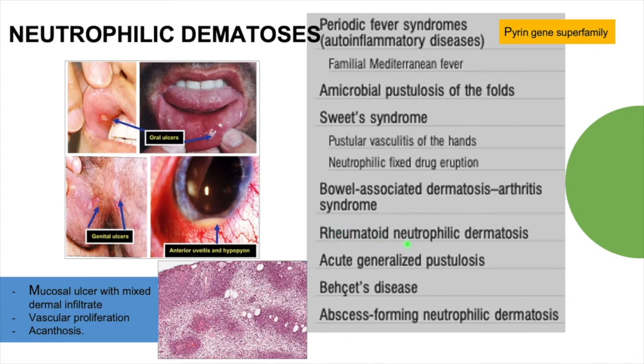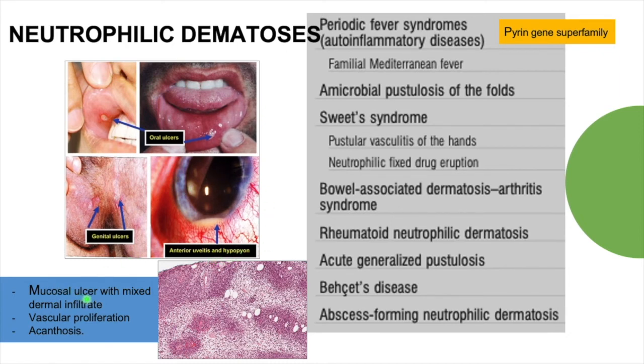Rheumatoid neutrophilic dermatosis, acute generalized pustulosis, Behçet disease, named after the scientist who the disease is named after. So we see oral ulcers, genital ulcers, and anterior uveitis and ocular lesions.